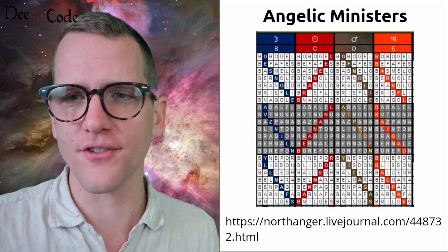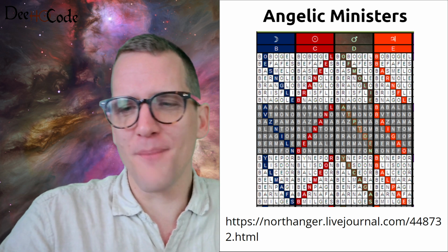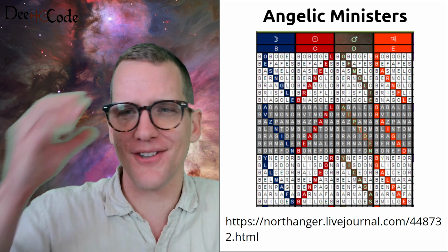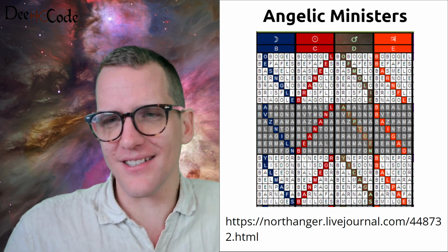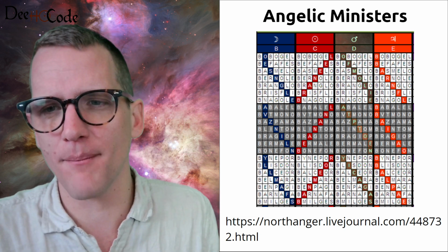So there's all this gibberish, these sort of gibberish names. They're the ministers of the king and prince of each of the Heptarchy. So there's just a lot of weird letters here, and it doesn't seem like it makes any sense.